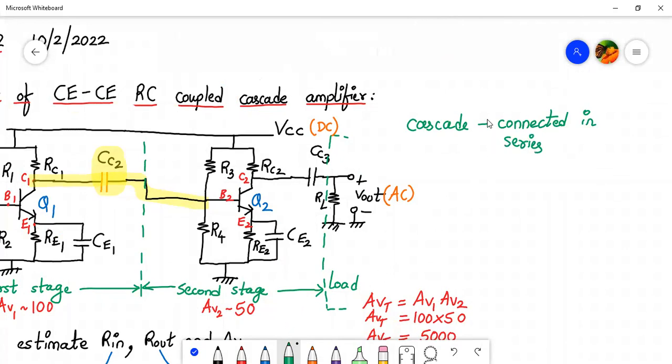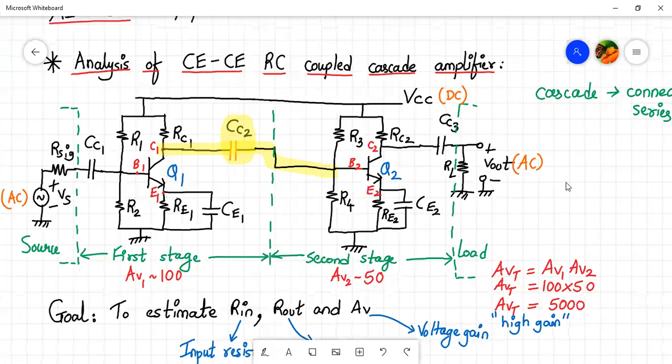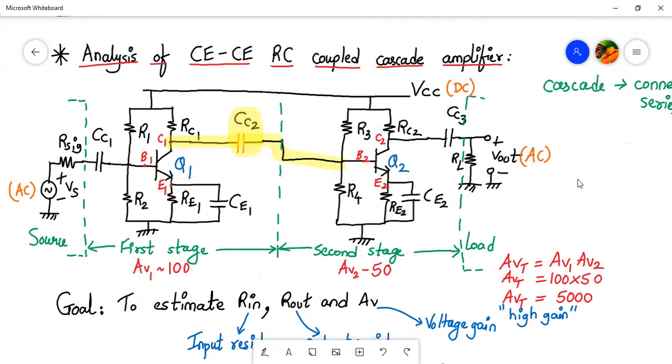Okay, fine. So that's the analysis of the common emitter RC coupled cascade amplifier. In exam, if they ask you to derive the expression for input impedance, output impedance, and the voltage gain expression for a cascade amplifier, you have to do it in this manner. Fine.